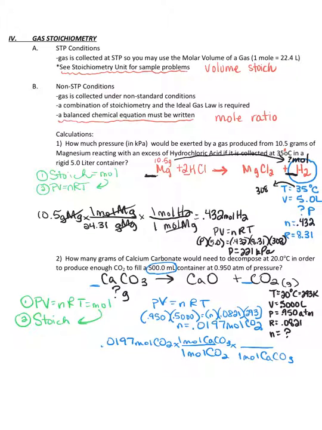And so I do a molar mass, and that molar mass is 100.09 grams of CaCO3. And my final answer: 0.0197 times 100.09 is 1.97 grams of calcium carbonate.